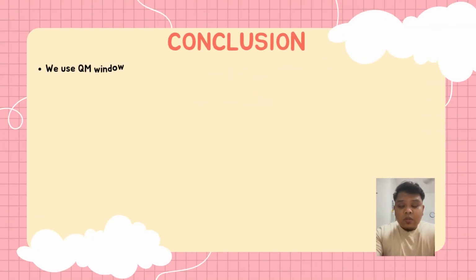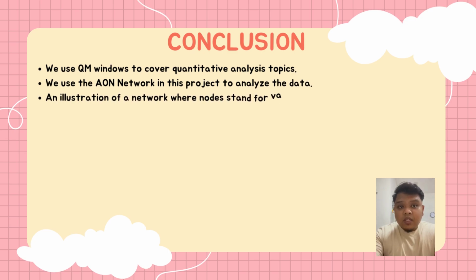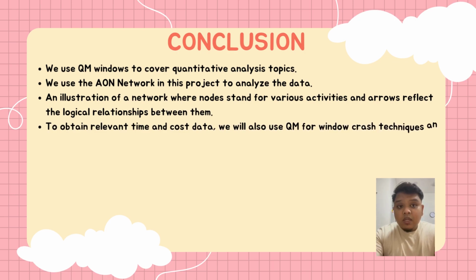Conclusion. We use QM for Windows to cover quantitative analysis topics. We use an AON network in this project to analyze the data, an illustration of a network where nodes stand for various activities and arrows reflect the logical relationship between them.